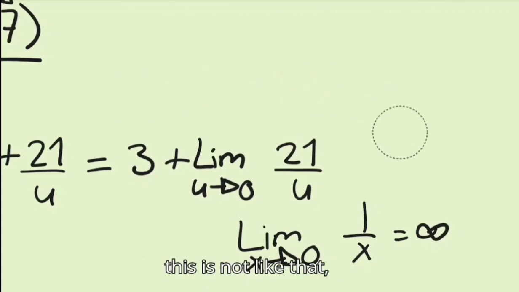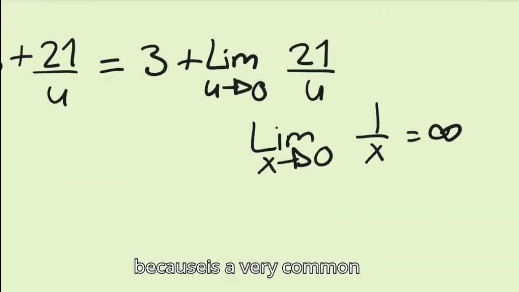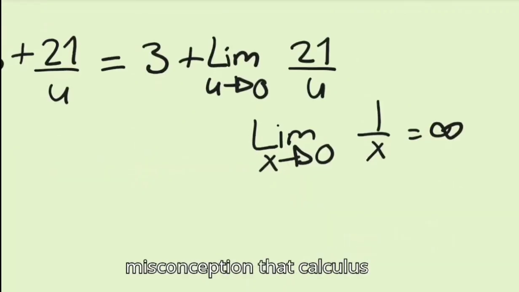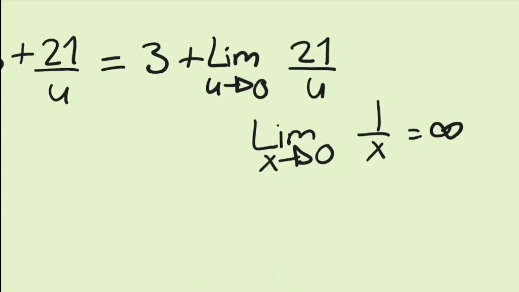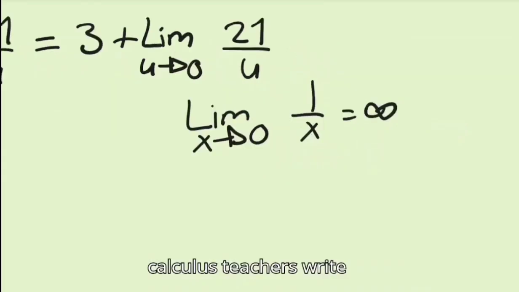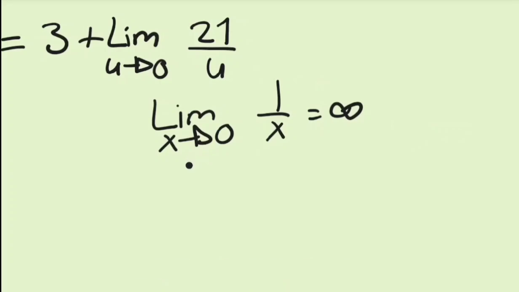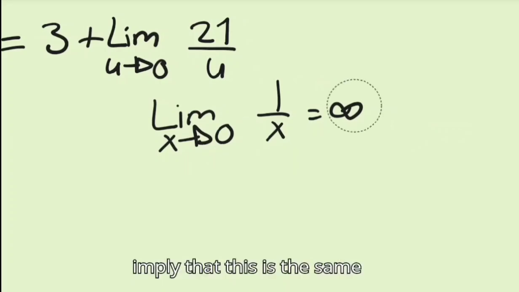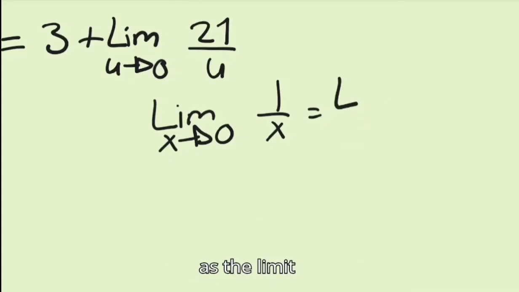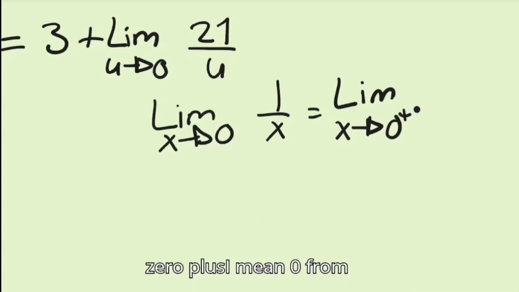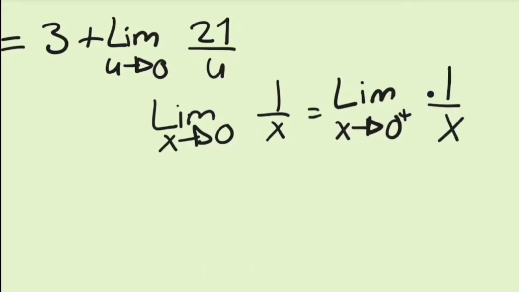And this is not like that, because this is a very common misconception that calculus students have, because when calculus teachers write this limit, they commonly imply that this is the same as the limit as x approaches 0 plus, 0 from the right, of 1 over x.